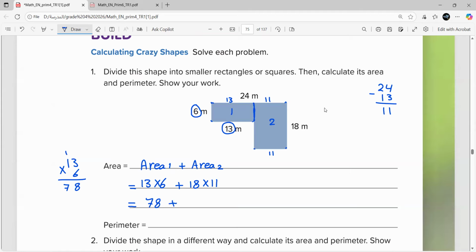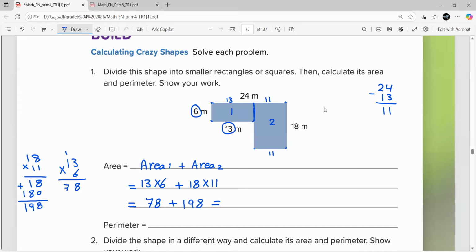Plus, what about 11 times 18? 1 times 8 equals 8, 1 times 1 equals 1. Put 0 here. 1 times 8 equals 8, 1 times 1 equals 1. Make it plus: 8, then 1 plus 8 equals 9, and 1, so 198.